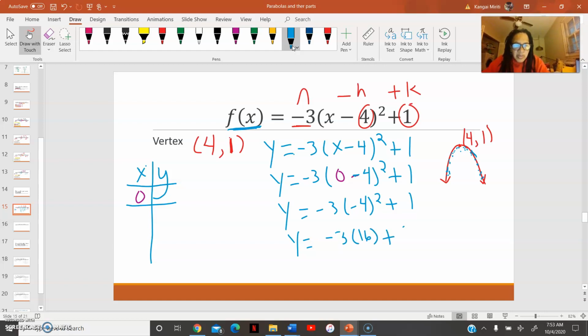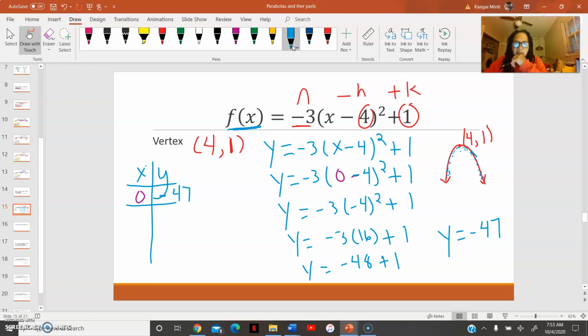Negative 3 times 16 is, I believe, negative 48. Negative 48 plus 1. I guess y comes out to be negative 47. And there's a point on that graph, just like that.